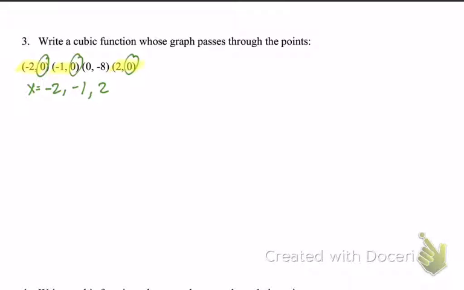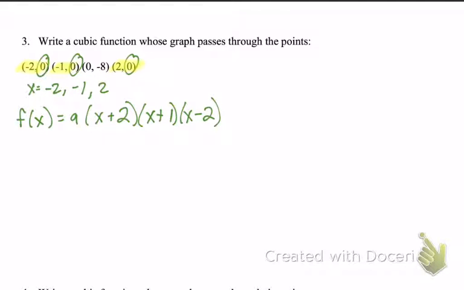If I were to write this in factored form, I would have f of x equals a(x plus 2)(x plus 1)(x minus 2). Then I'm going to use the ordered pair (0, -8), and that will be my x and y.